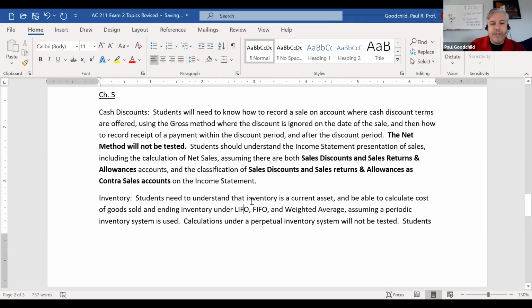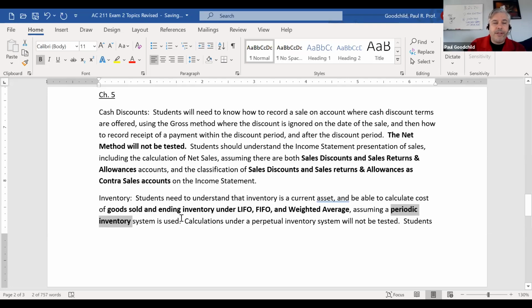And then students need to understand that inventory is a current asset and be able to calculate the cost of goods sold and ending inventory under LIFO, FIFO, weighted average. And this is important under a periodic inventory system.